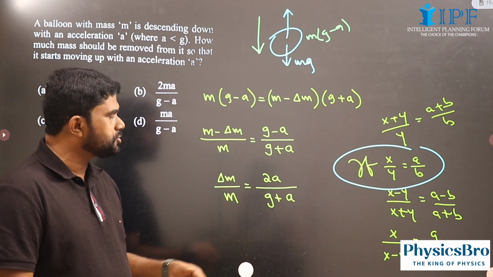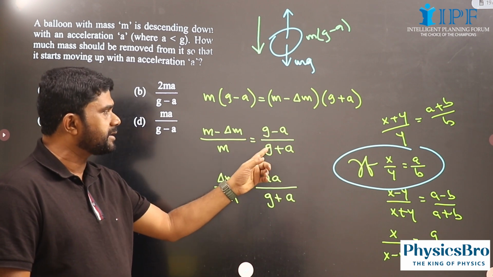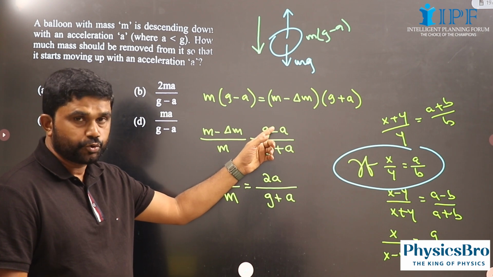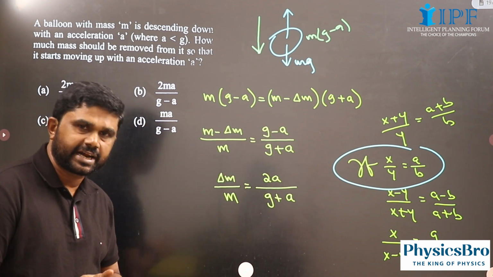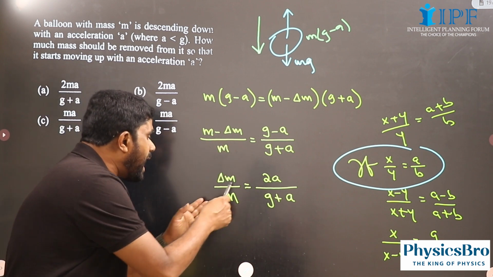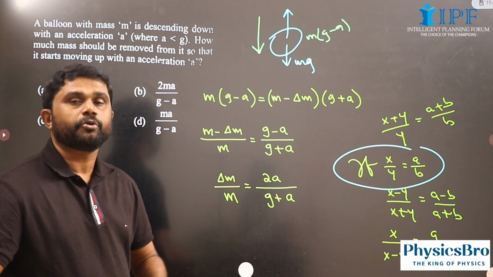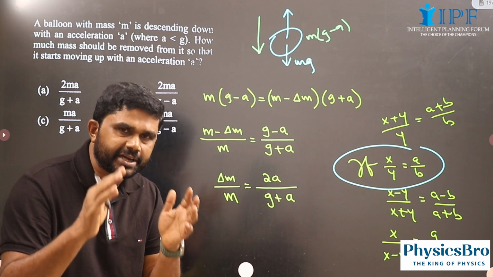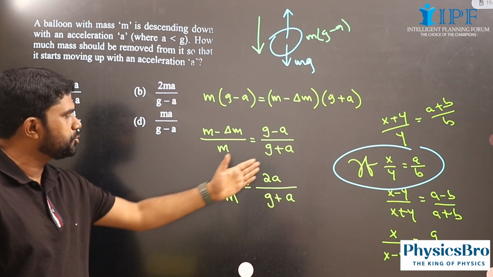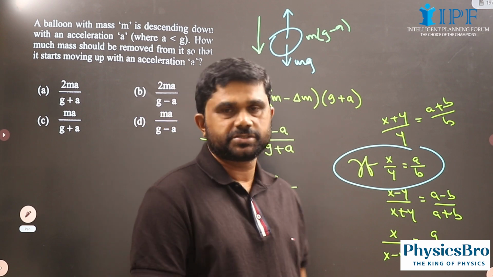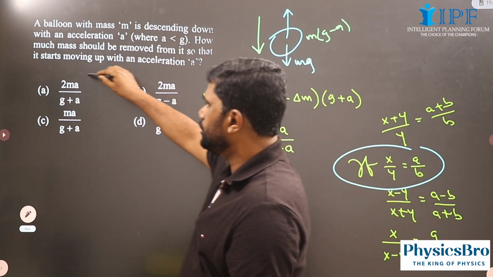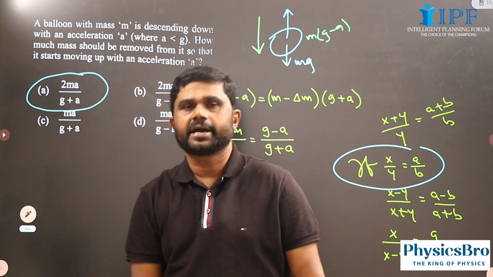On the right side also, denominator minus numerator: g minus g will get cancelled, and a minus a will be 2a. That goes in the numerator on the right side. In the denominator, keep the denominator as it is, on the right side also. Now I have got delta m equal to 2a divided by g plus a into m. So this is the right answer.